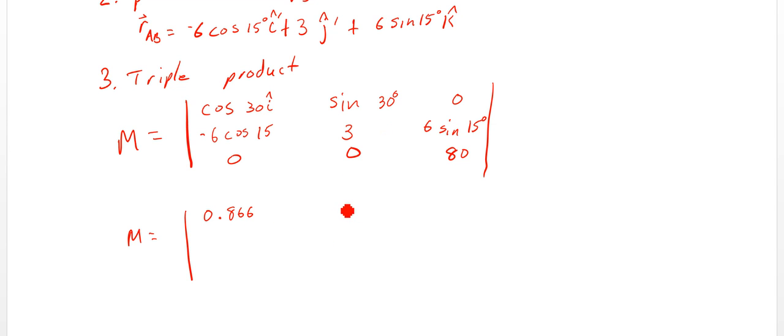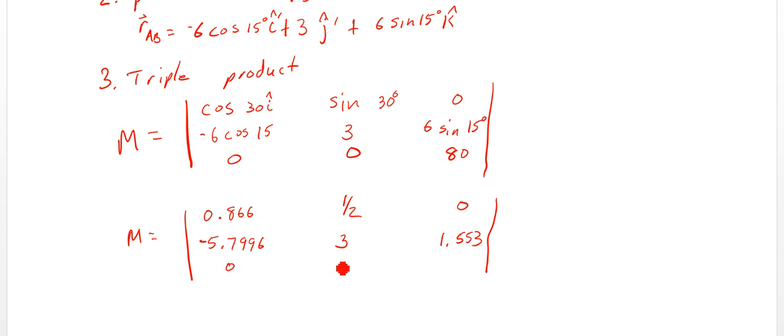Sine of 30 is 1/2 or 0.5. 0 is pretty easy. 6 times the cosine of 15 is negative 5.7996. 3 is just 3. 6 sine 15 is going to be pretty small, 1.553.